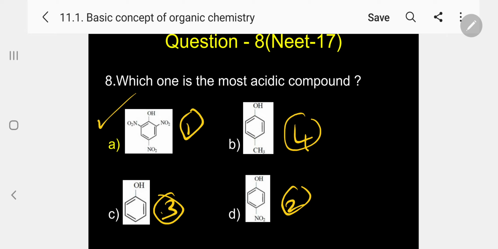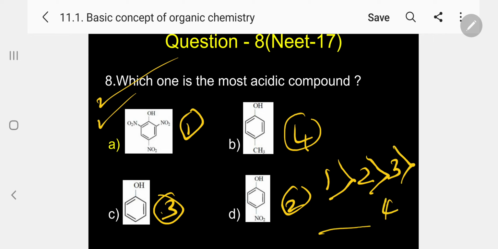So what am I going to arrange now? A is the most acidic compound. What is the order? 1 greater than 2 greater than 3 greater than 4. 1 is the most acidic compound because of 3 nitro groups; the nitro groups are electron attracting groups and will increase the acidity.